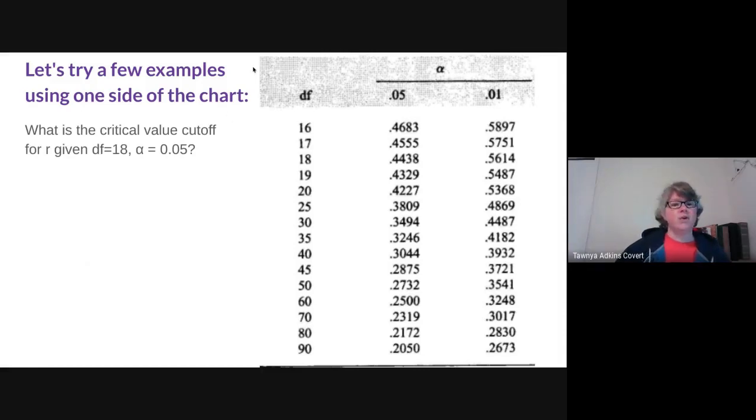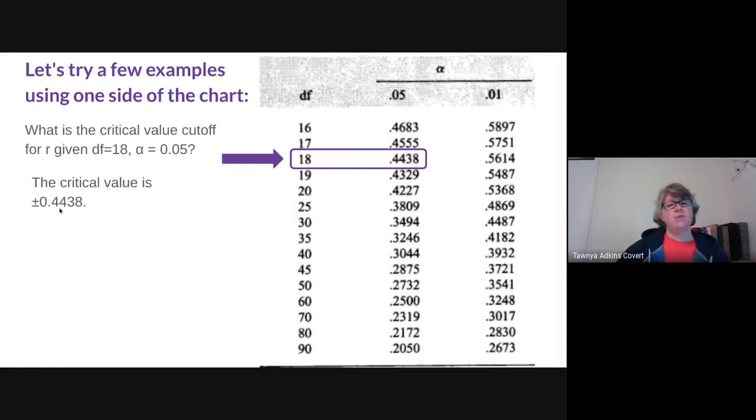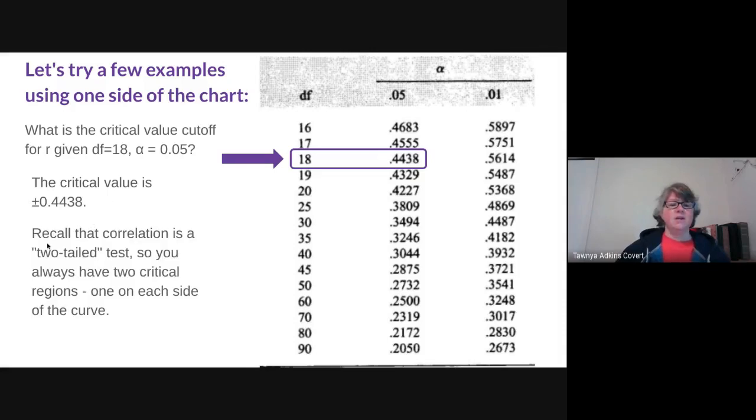What's going to be our critical value cutoff for that? So here's 18. And so 18 degrees of freedom, our critical cutoff is 0.4438. Remember to put the plus or minus there. We have a two-tailed test always, so we're going to have one on each side of the curve. So it's going to be plus or minus 0.4438.